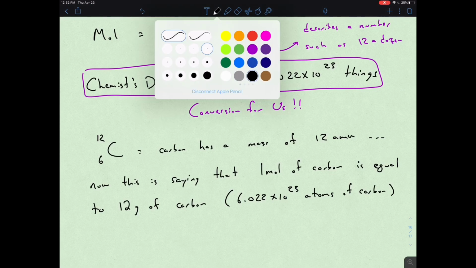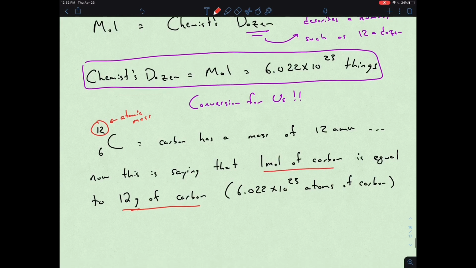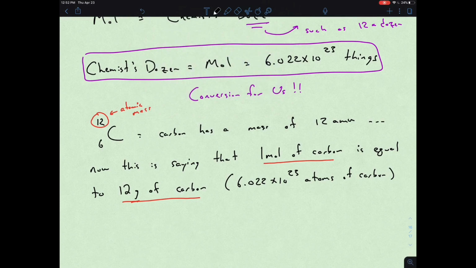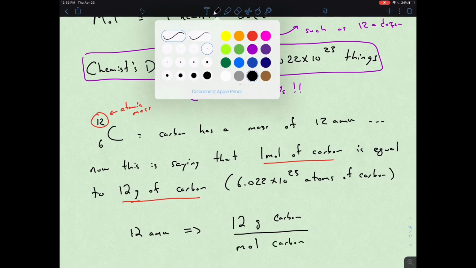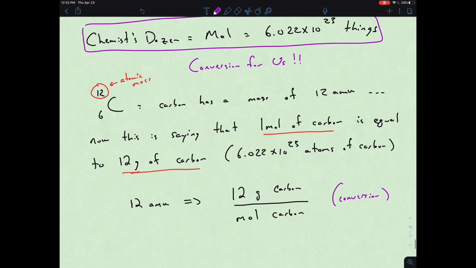So it's making a relationship between the mass of carbon that we see as the atomic mass to now this idea of mole. So it's taking it to the next level, that really 12 AMUs is more like saying, well, I have 12 grams of carbon per mole of carbon. And there is our conversion, right? Allowing us to go back and forth between the two.